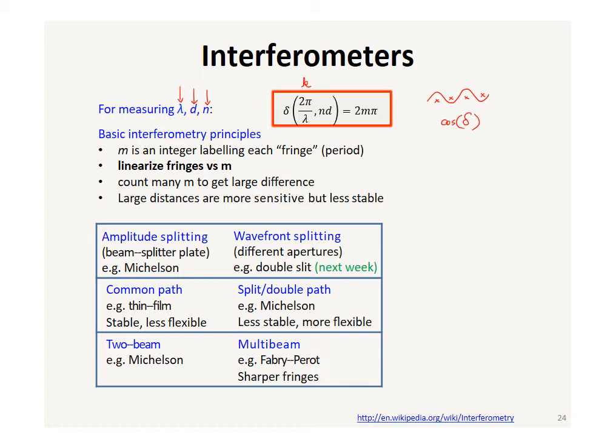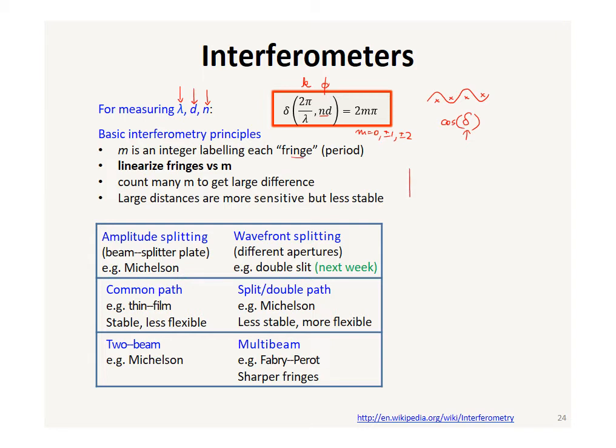In this case, we have to talk about the optical thickness rather than actual thickness, and that will give us a phase constant. Now this will reach a maximum when it's equal to 2 pi times m, and m is equal to 0, plus or minus 1, plus or minus 2, and so forth. So we can use m as an integer to label each fringe.